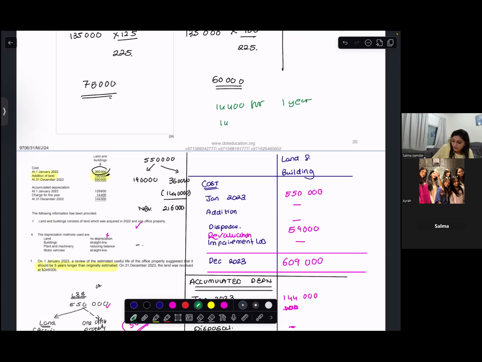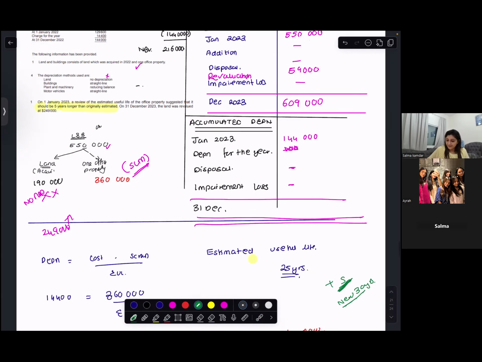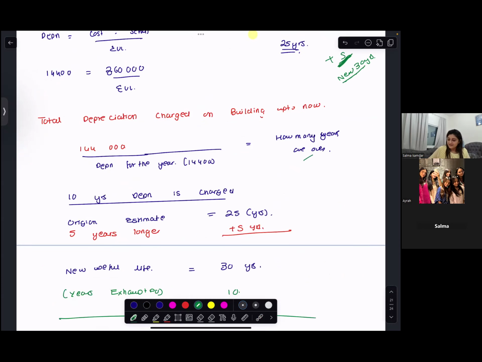So 14,400 times how many years is going to give me 144,000? The number of years already exhausted is 10 years. So 10 years are already over, and for 10 years the depreciation is already charged.